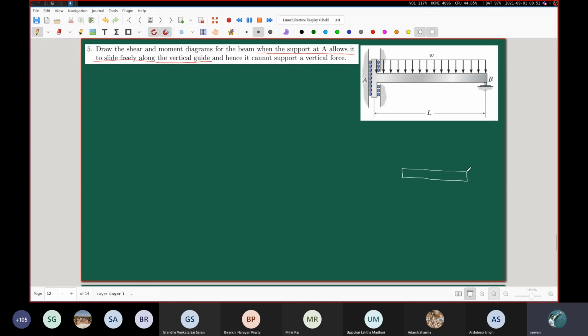Time and again we have seen that when you have a simple support at this end, or perhaps a cantilever beam fixed to a wall here, in all these cases you remove the support and represent it by some reaction force like this.